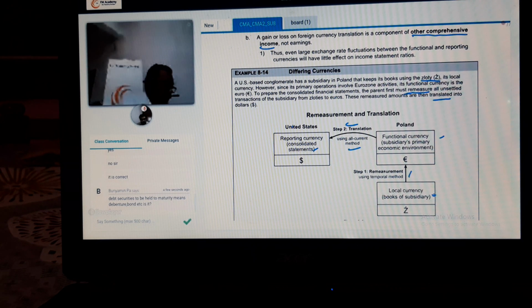An investment in a bond to be held until maturity. This question is straightforward, I would say. If that instrument is what? Debt securities held to maturity at cost, it's okay.